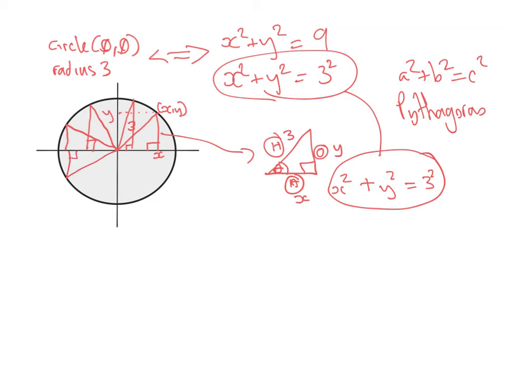Then as we keep going anti-clockwise, we get into the fourth quadrant. So as you can see, x and y change, but they change in proportion using Pythagoras, so that the radius or the hypotenuse is always the same. And that is another definition of a circle.